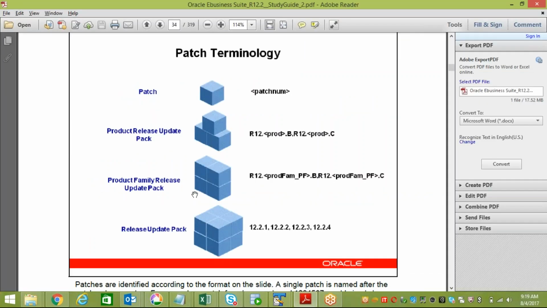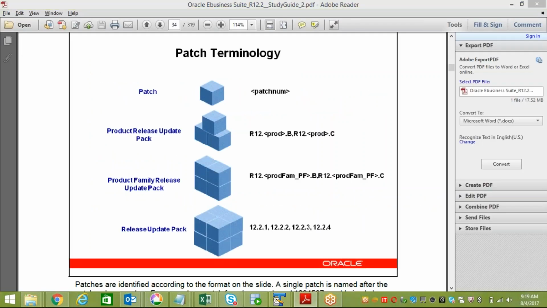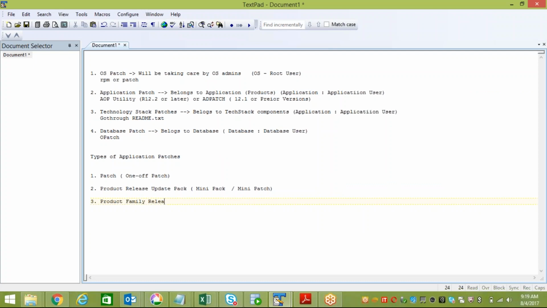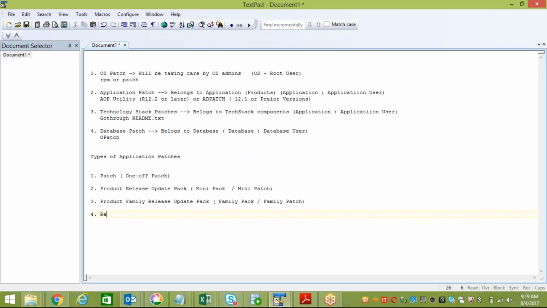Next, product family release update patch. We call it a family pack, or family. Next, release update pack.